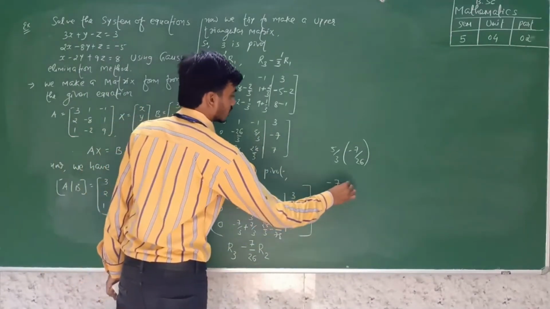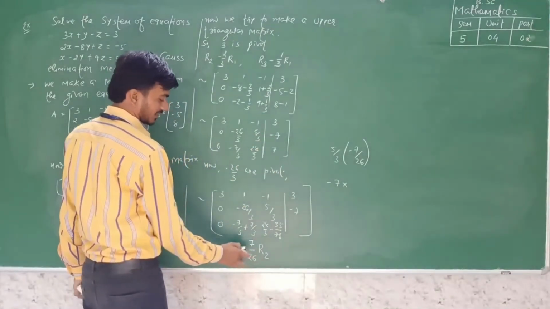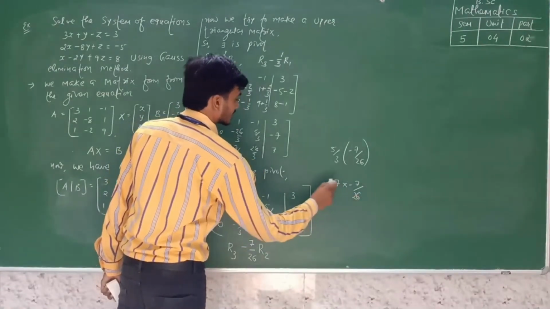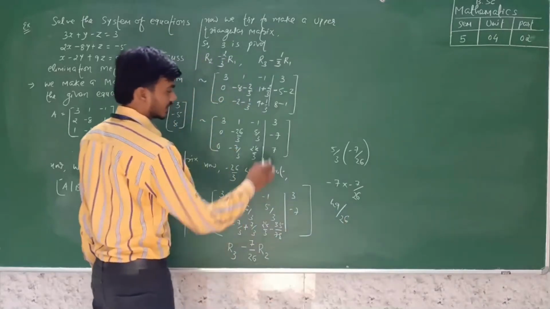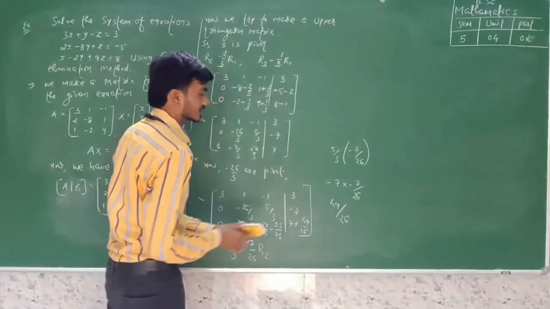Minus 7 into second row, each element of the second row is multiplied by minus 7 by 26. That means minus minus plus 7 into 7, 49 upon 26 will be added there. 7 plus 49 upon 26.